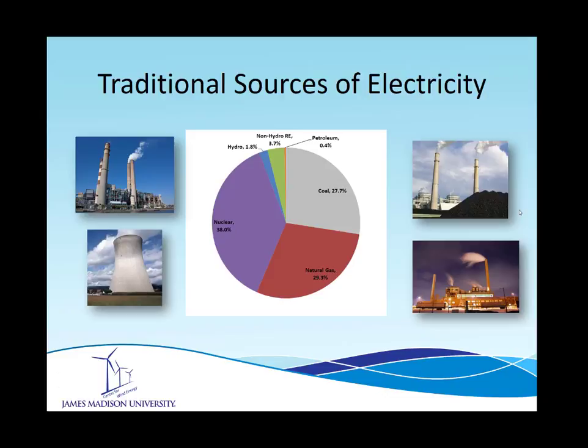This is typical of most states around the country and of the U.S. as a whole. The important thing to understand, of course, is the difference between renewable and non-renewable energy sources. And as you see, the coal, natural gas, and nuclear are all non-renewable energy sources, and we only have, like I said, around 5% renewable energy sources here in Virginia.